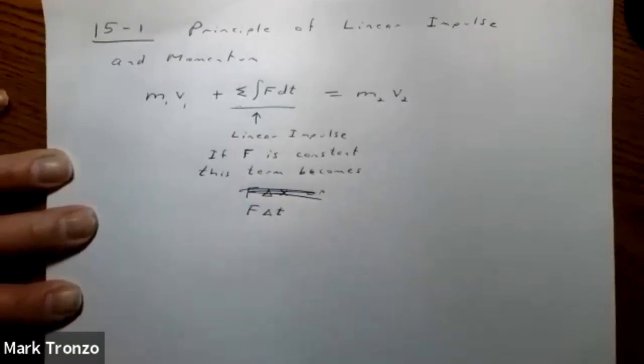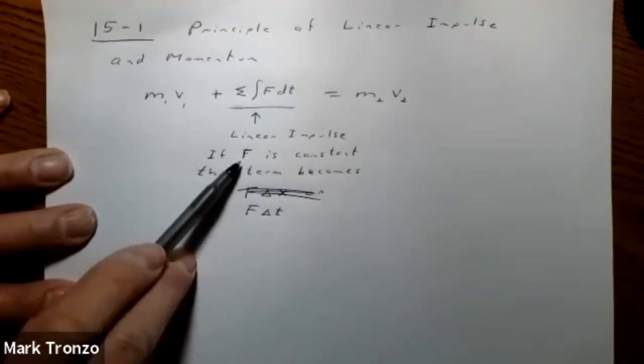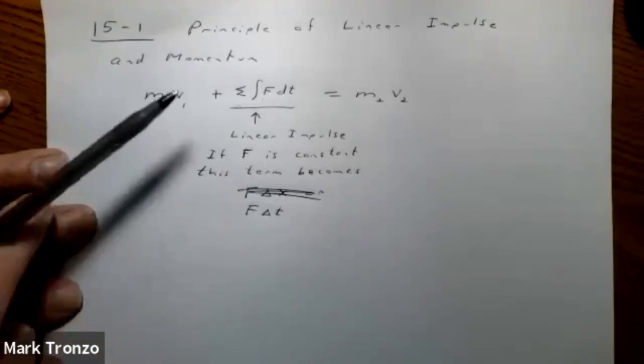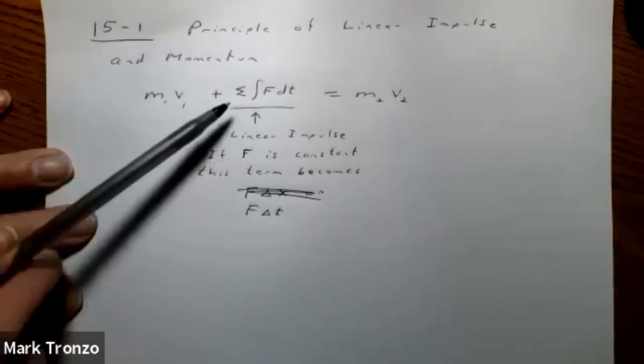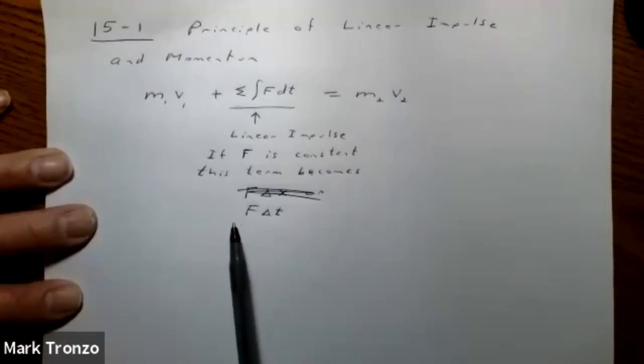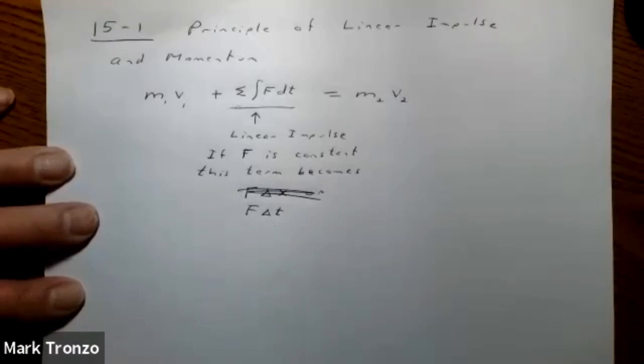Yeah, it'll become F delta t if force is constant. Like I said before, we had work, which when force was constant was force times delta s. Now we'll have force times delta t.